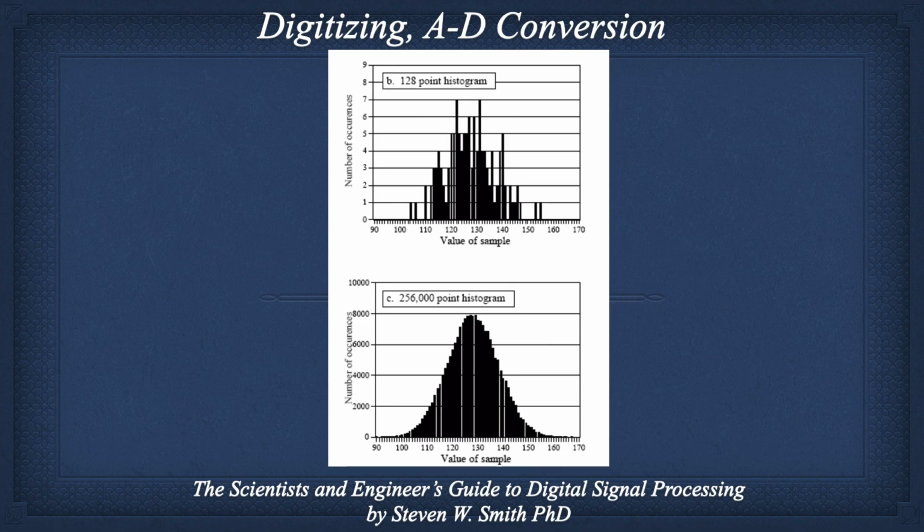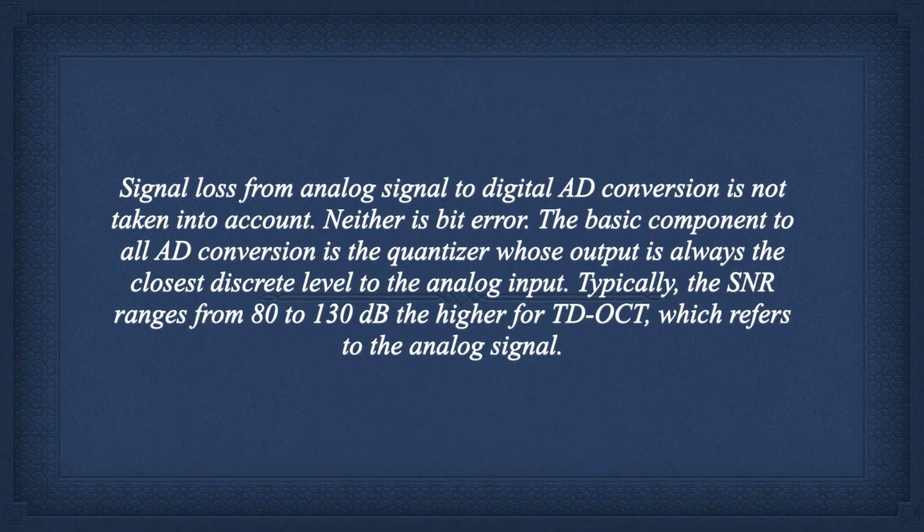But as we already talked about, digitization creates errors in it. So once we log that information, or Fourier transform it, those become errors. That's avoided in time domain OCT, but occurs with the spectral based OCT.